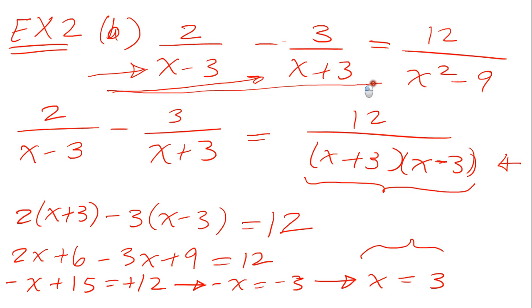our domain, because if I plug 3 into here, I know I'm going to have a problem. So automatically you can see you're not going to have a solution here. But let's go ahead like we did before.